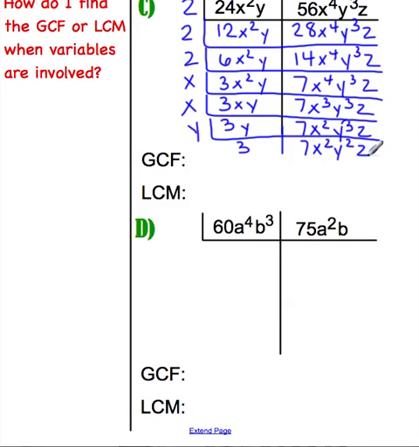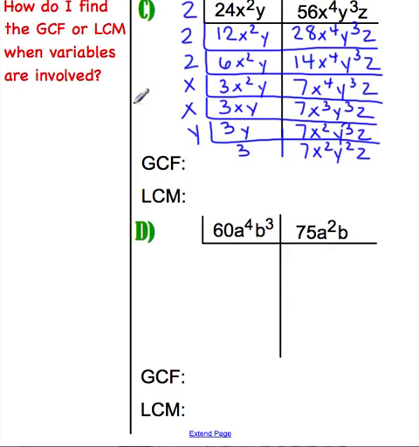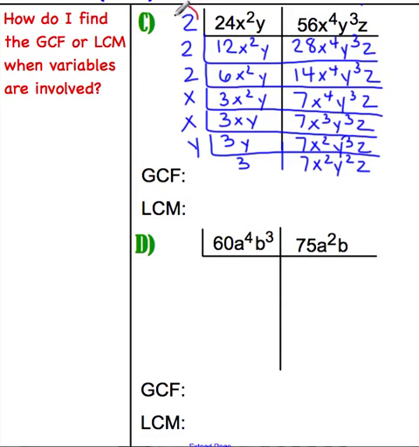So my GCF is going to be everything down that column. So 2 times 2 times 2 times x times y, which means that my GCF is 2 times 2, which is 4, times 2, which is 8, and x times x, which is x squared, and y.